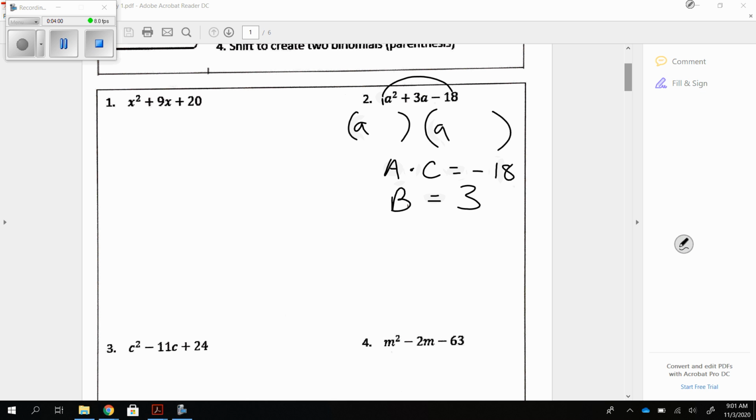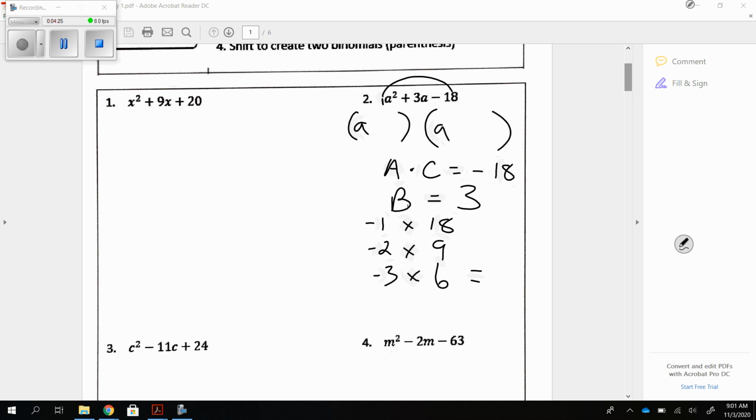So we need to find two numbers that can be multiplied to equal negative 18, but when added up, they equal 3. So let's start with negative 18. Negative 1 times 18, nope. Negative 2 times 9, nope. Negative 3 times 6. Oh, we look right there.